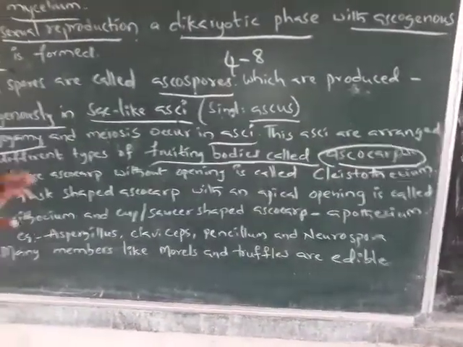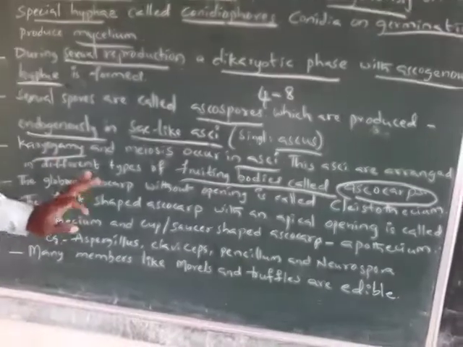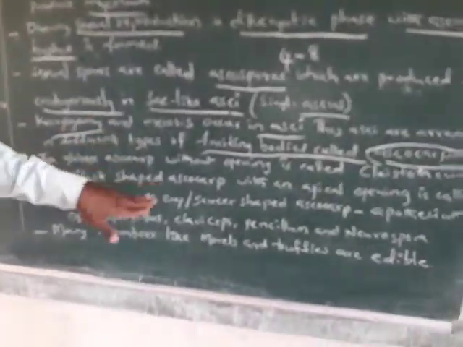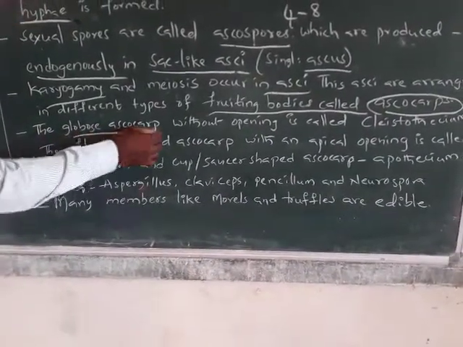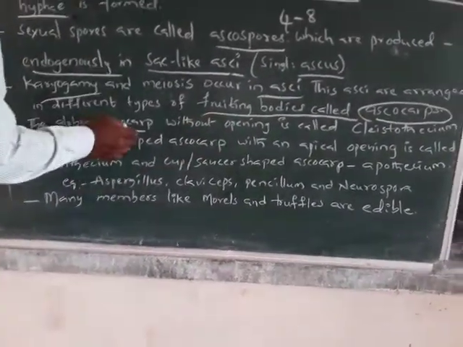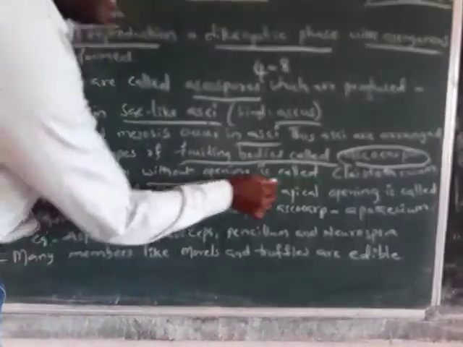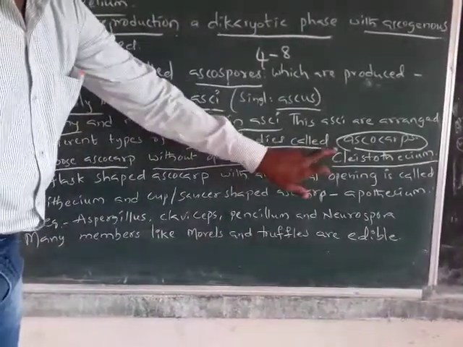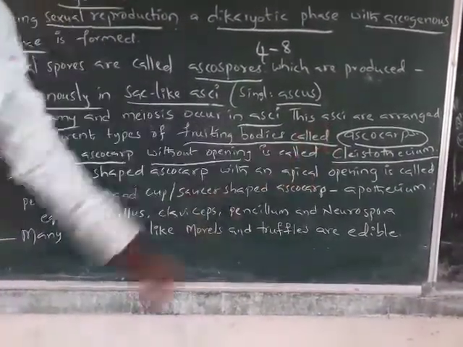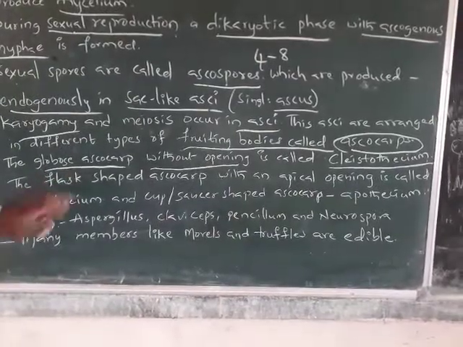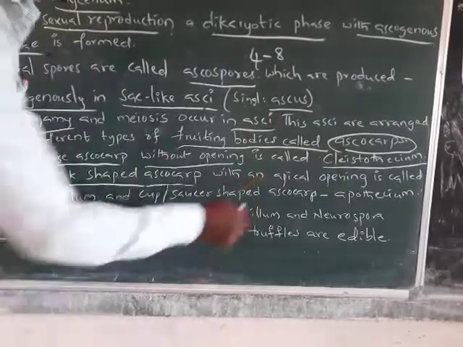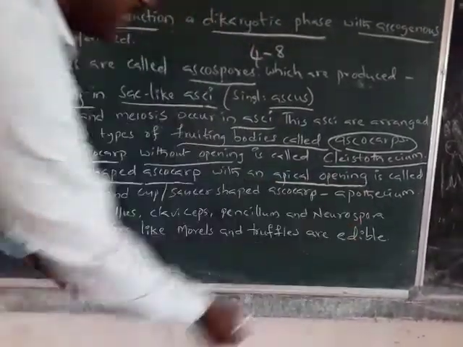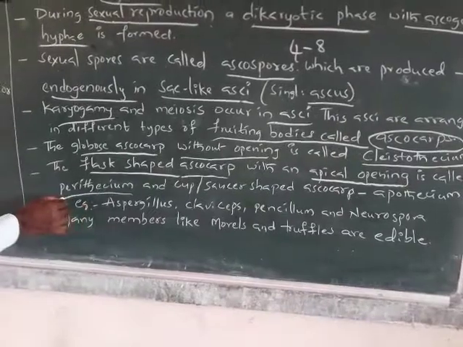There are globose ascocarps, flask-shaped ascocarps, and cup or saucer-shaped ascocarps. The globose ascocarp without opening is called cleistothecium. The flask-shaped ascocarp with an apical opening is called perithecium.